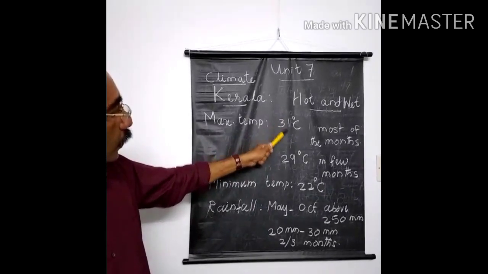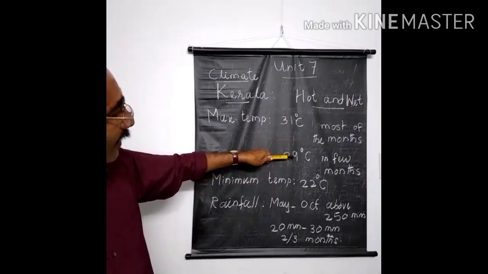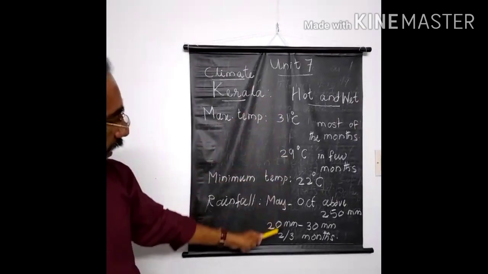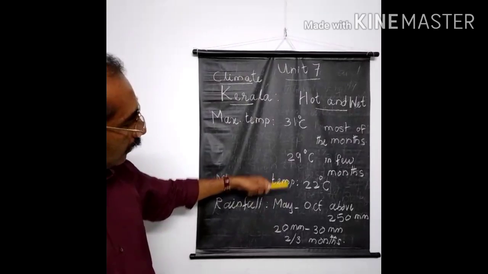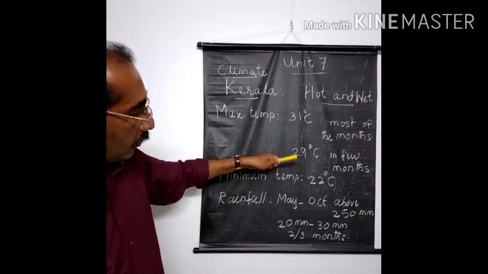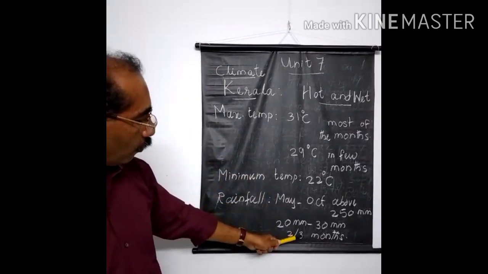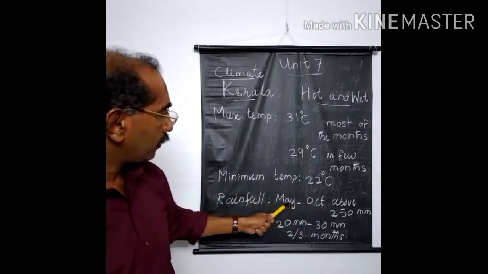The second type of climate is just the opposite of the climate in Kashmir. Kashmir is comparatively cool, temperature is not so high, it is very much less than that in Kerala, and Kashmir receives very less rainfall. We have seen in the chart 90 millimeter was the highest rainfall recorded in a month. Here we get 250 on average in these months, May to October.